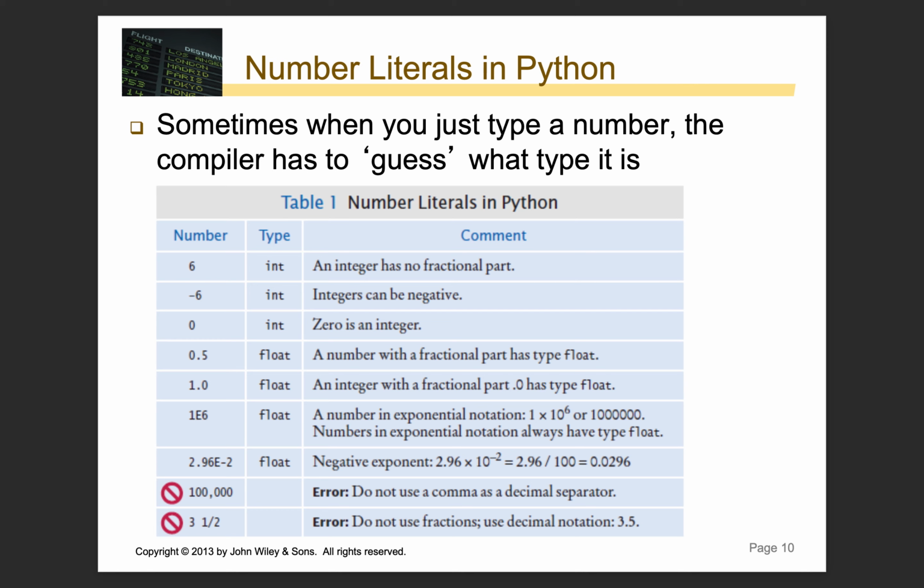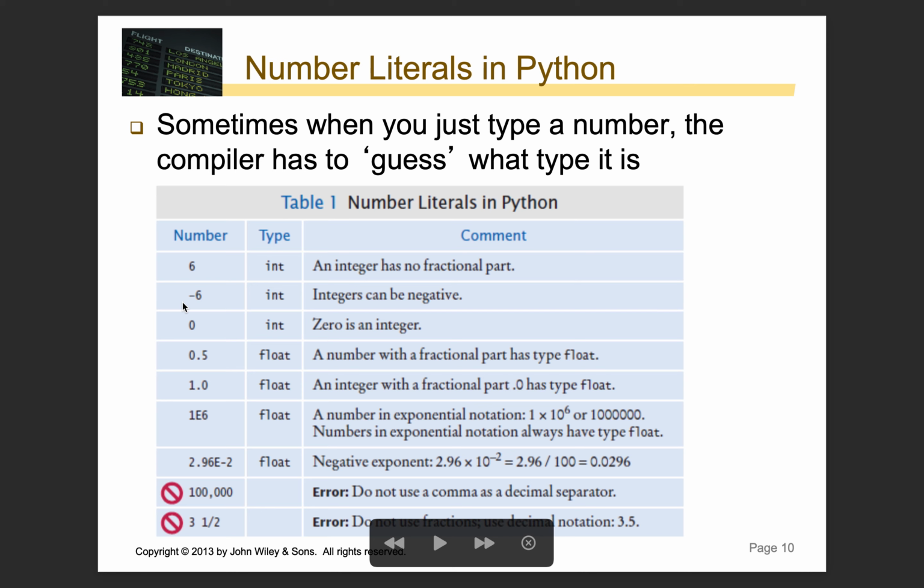Okay, so sometimes when you just type out a number, the compiler that's used to compile your code has to guess what type it is. So if your compiler sees something like the number 6, it's going to give it the type integer. An integer has no fractional part.